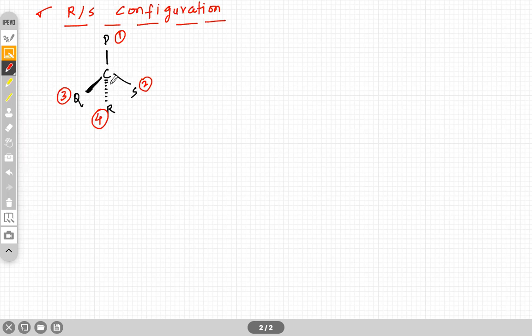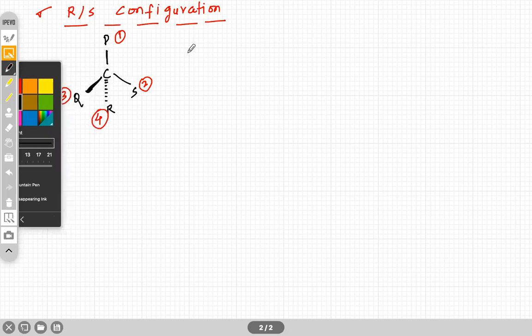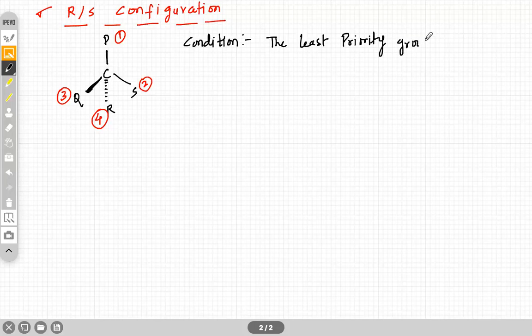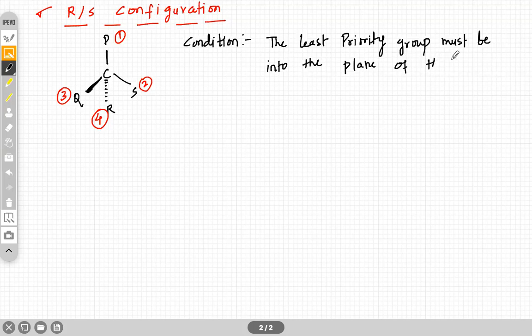Now in this wedge dash representation, the condition is what? Write down: the least priority group must be into the plane of the paper, away from the observer.